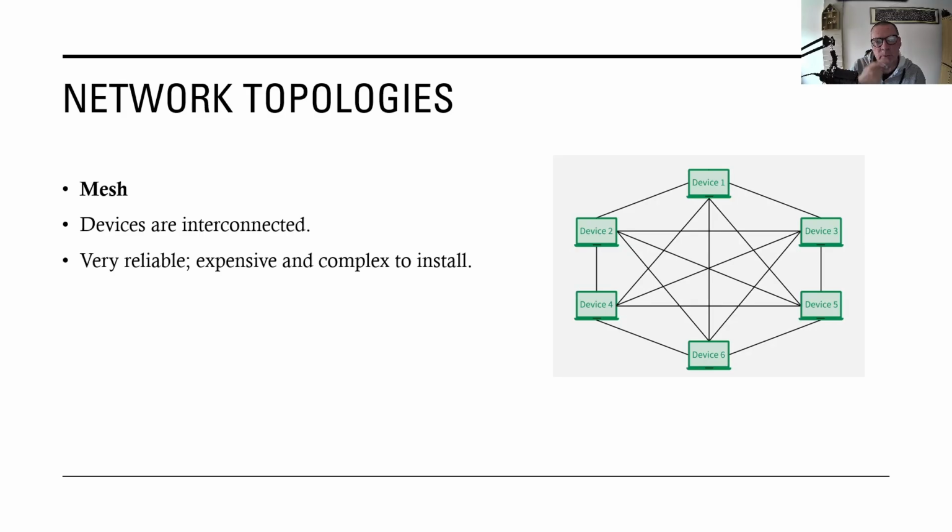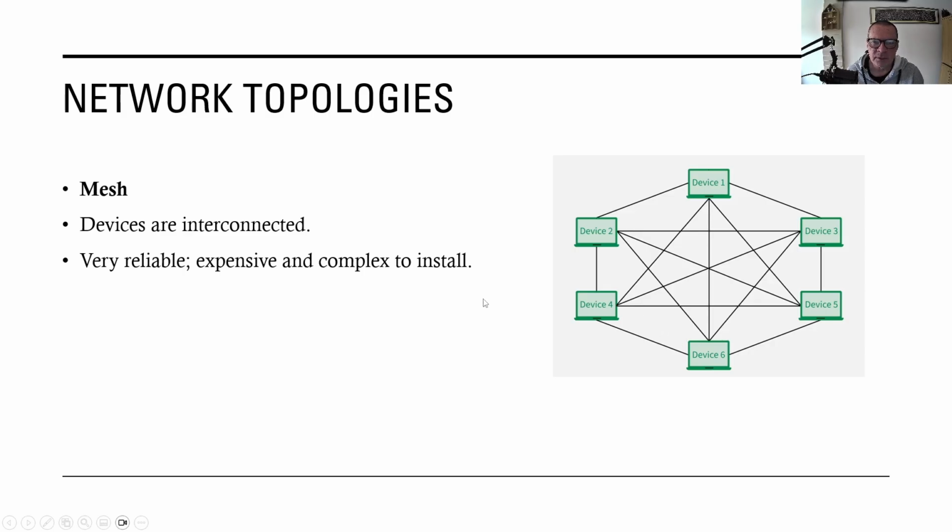And then we have something called mesh. In a mesh, you can have a full mesh where every single device is connected to every single other device. That's expensive and difficult to set up. Again, the wiring becomes a bit of a nightmare. There's a thing called a partial mesh, which has multiple connections, but not necessarily every device connected to every other device.